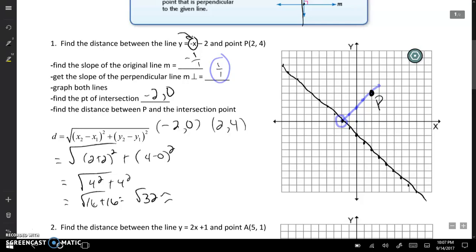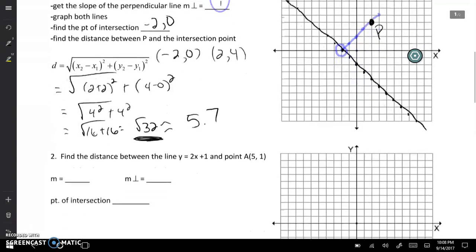You put that in your calculator because we're finding the actual square root, and the square root of 32 is 5.7. So the distance from the line y equals x minus 2 to the point 2 comma 4 is 5.7. Really, I'm looking at that square root of 32.